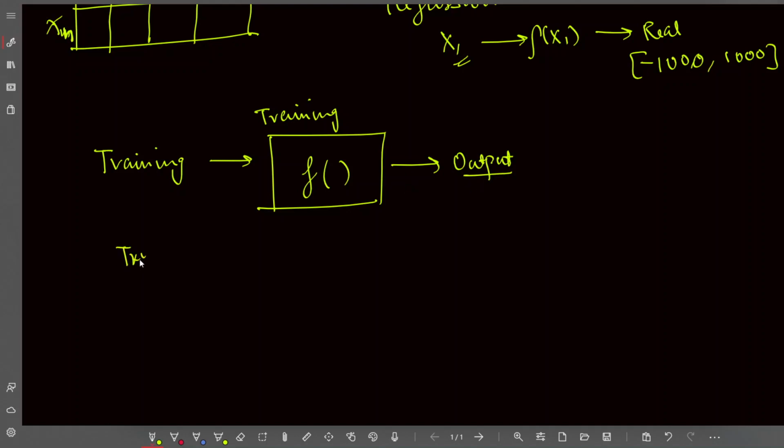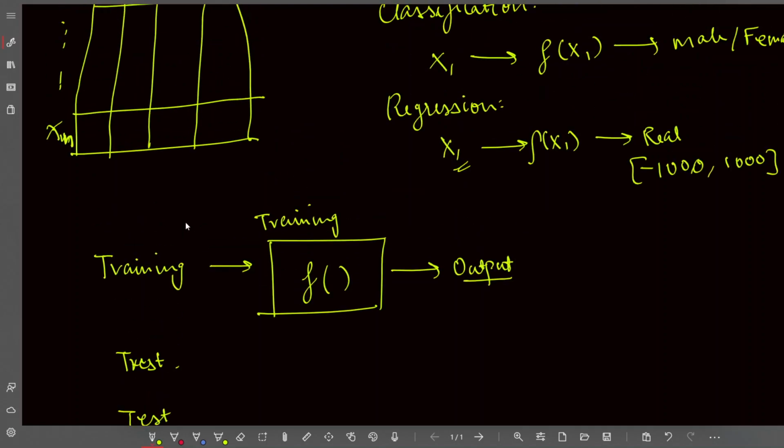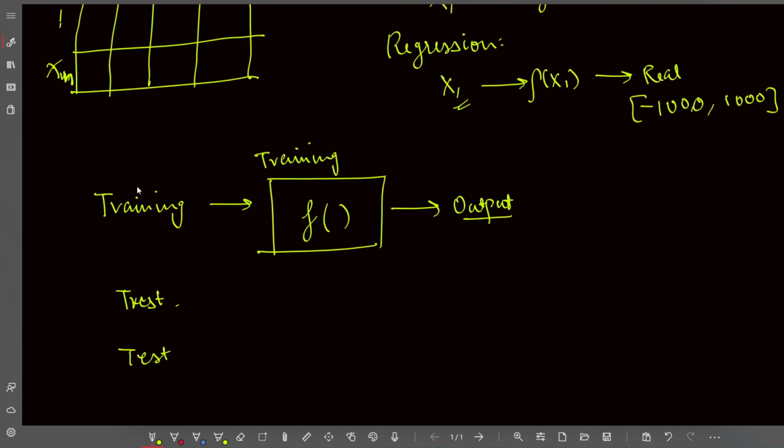In the testing stage, you take another data set. It can be a part of this data set that you remove, but you have to make sure that it is data the algorithm hasn't seen before, because you want to see how well the algorithm performs on data that it has not observed for its optimization.